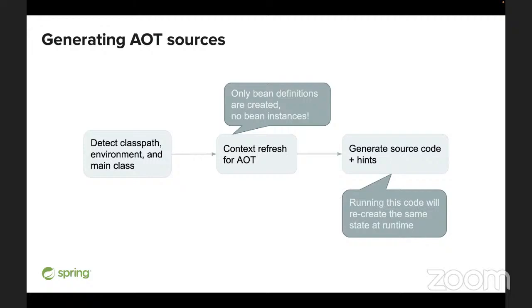So you have a fixed class path, a fixed environment, and a main class that you need to invoke. Then what we do is simplify the process of creating the app by parsing your configuration, generating code, generating hints, and then we pass that to the GraalVM native image compiler.